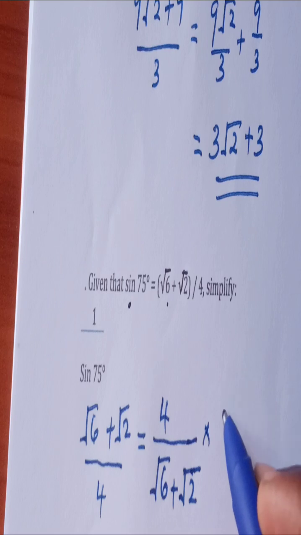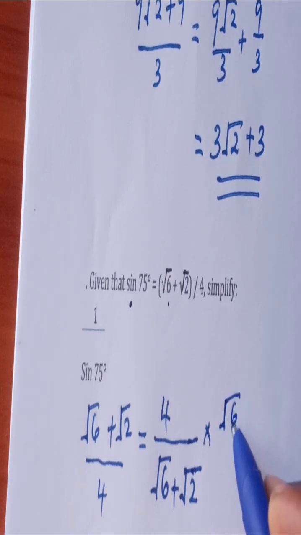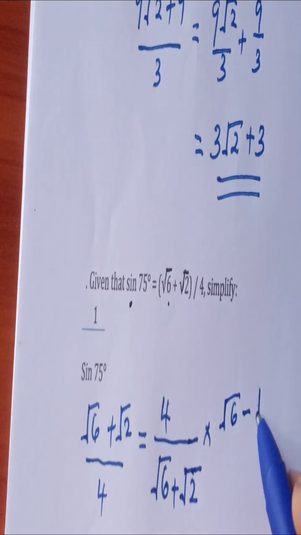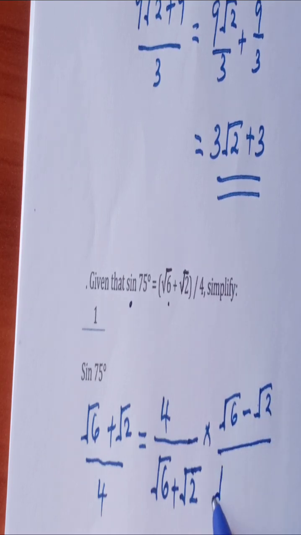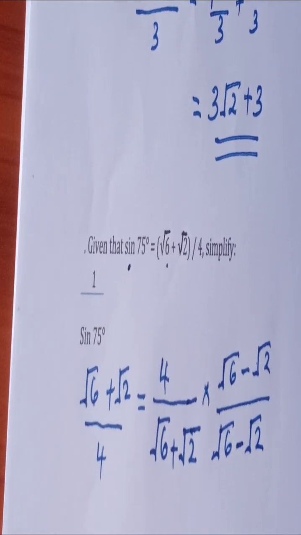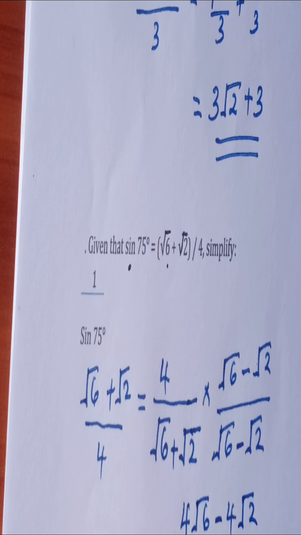The conjugate is root 6 minus root 2. Under the numerator, we are going to have 4 root 6 minus 4 root 2.